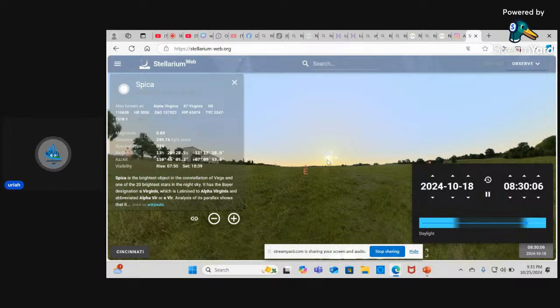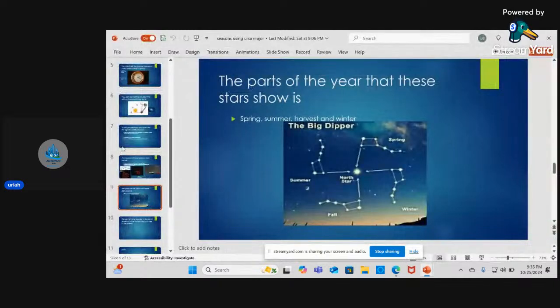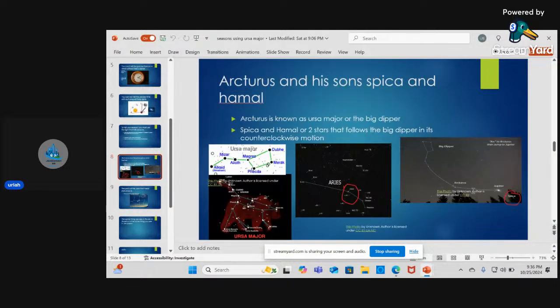So we know, like I said in the slide here, that Spica, in the beginning of the year, will lead the moon. Hamal will lead the sun. That's the first day of the first month. Now, in the 7th month, you will have Hamal, which I just showed you, which will represent the first day of the 7th month, lead the moon, and Spica will lead the sun.